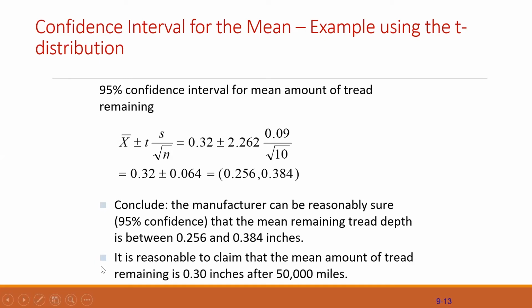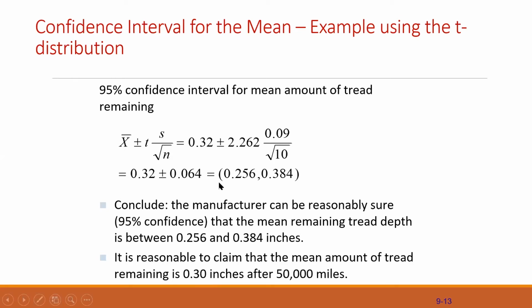The question asks whether it's reasonable to claim that the mean amount of tread remaining is 0.3 inches after 50,000 miles. How can we find that out? Well, the mean amount remaining is the population average. And we're asking whether it's reasonable for us to say that the population average is 0.3.